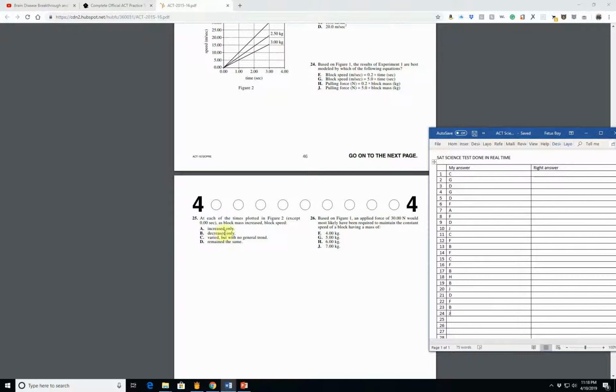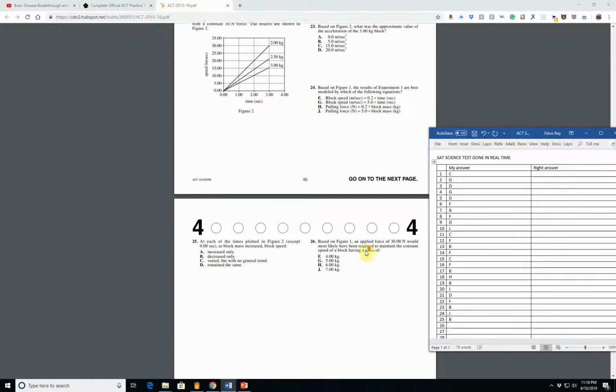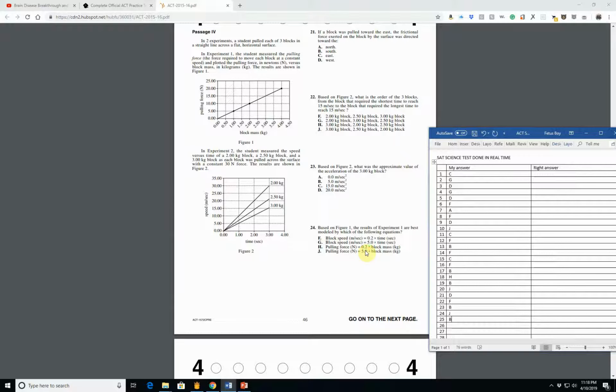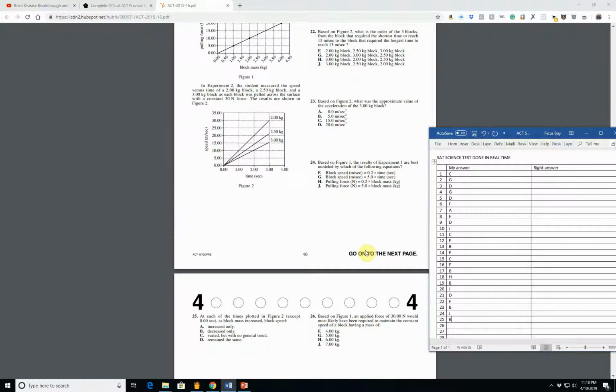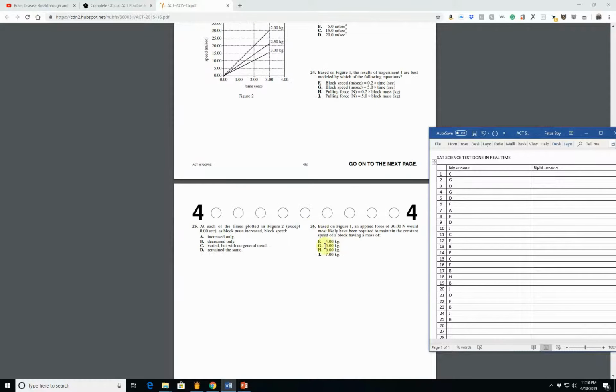So 25 is B. Based on figure 1, an applied force of 30 newtons would most likely produce the constant speed of a block having a mass of... 30 newtons... Oh, right, it'd be 6 times 5, so it'd be 6, so 26 is H.